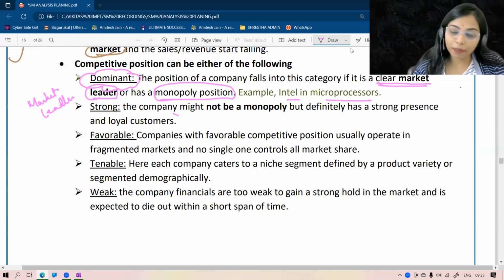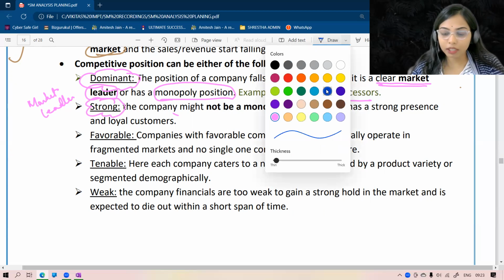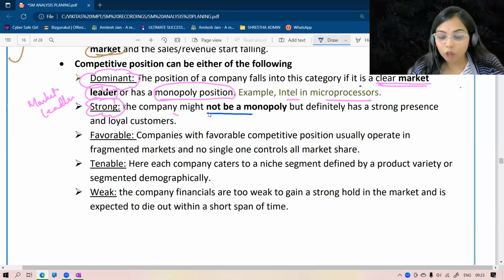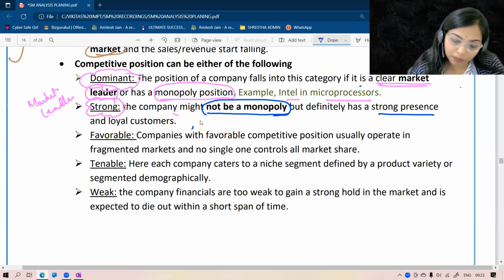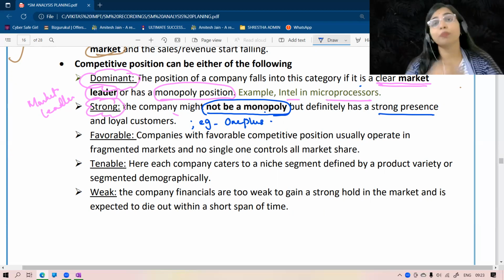Now, coming to when it can be a strong position. A strong position can be when the company is not a monopoly, but definitely has a strong presence. An example you can write is OnePlus. It is not a monopoly because there are many other brands, like Nokia, Samsung, Oppo, and many others giving good products.